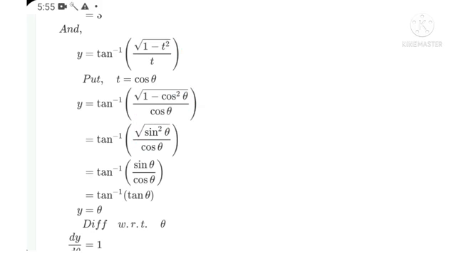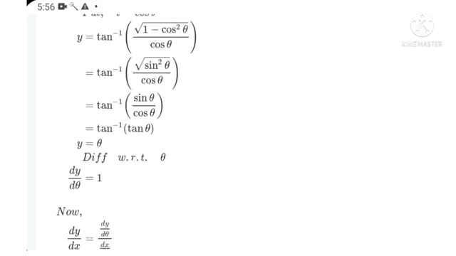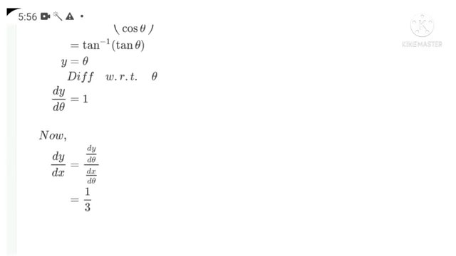So you get tan inverse root sin square theta upon cos theta. Root sin square theta is sin theta upon cos theta. Sin theta upon cos theta is tan theta. So you get y is equal to theta. Differentiate with respect to theta, you get dy by d theta is equal to 1. Now find dy by dx is equal to dy by d theta upon dx by d theta. Put the values, and we get the final answer 1 upon 3.